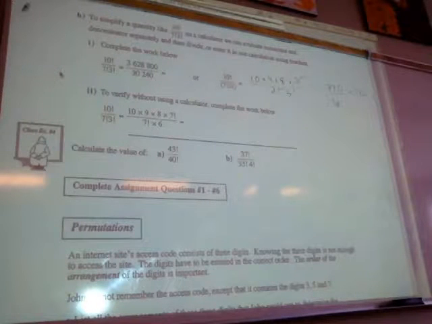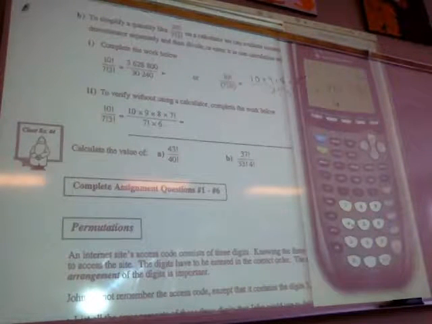Okay, using our calculator, let's try to calculate 43 factorial divided by 40 factorial. You guys get 74,046? Okay.